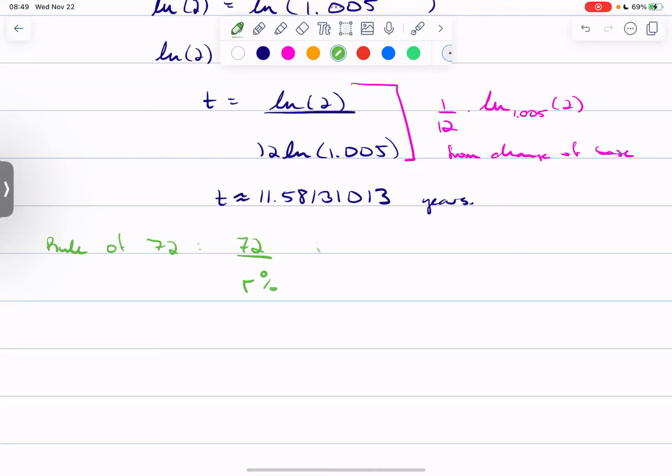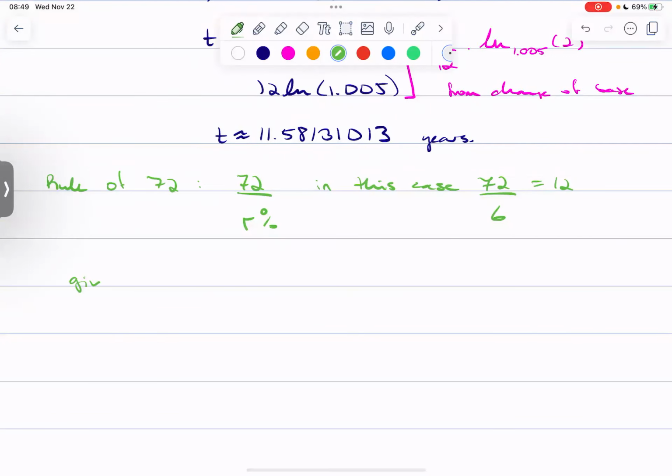So in this case, 72 divided by 6 is 12, which gives the approximate doubling time. Clearly, it's approximate: 12 years versus 11.58 years is what it would actually take at that compounding frequency. But it gives the approximate doubling time.